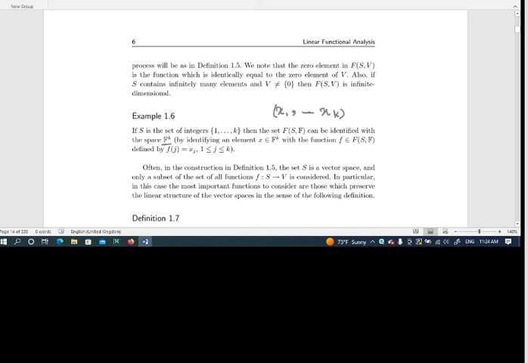So any k-tuple can be viewed as a function. This is very important, especially when S is infinite.